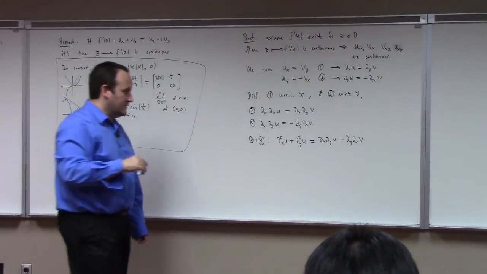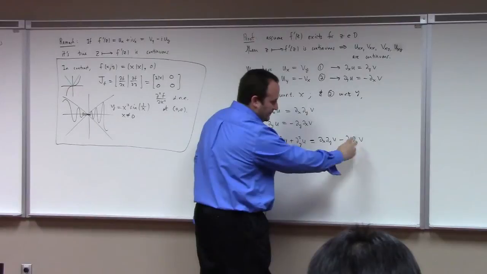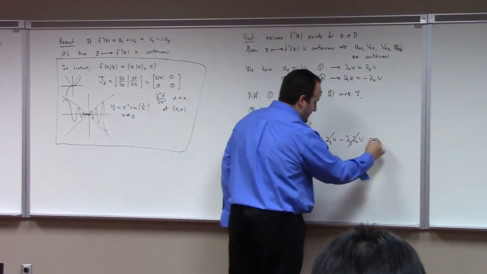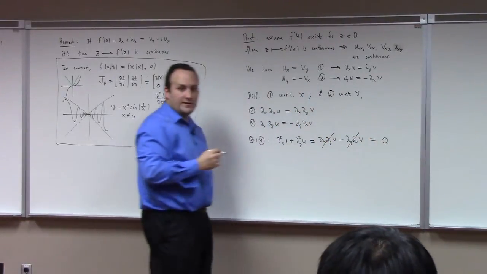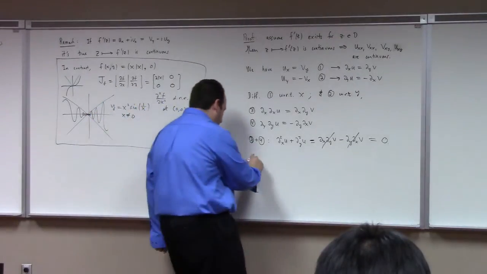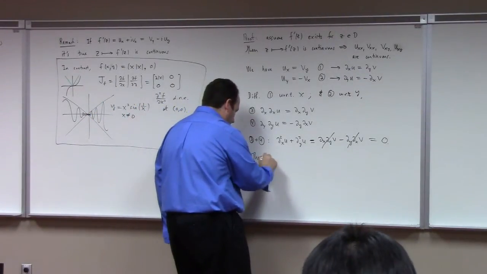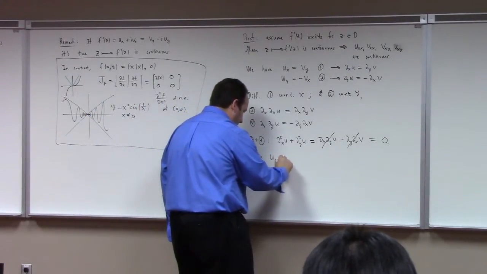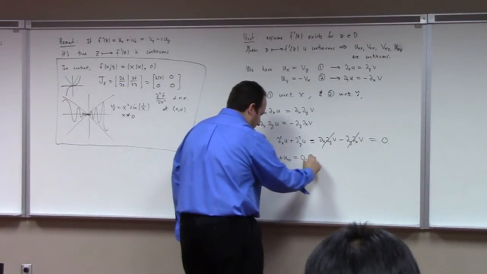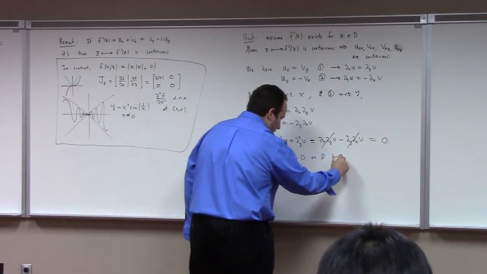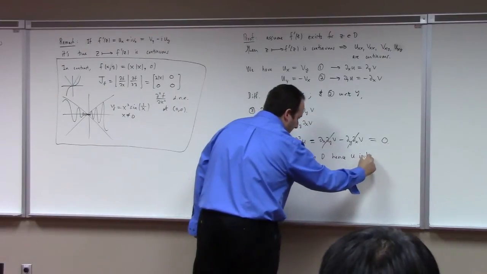But they do exist, and so the partial derivatives commute, and these cancel and give us 0. Therefore what? In the other notation, uxx plus uyy is equal to 0 on D, hence u is harmonic.